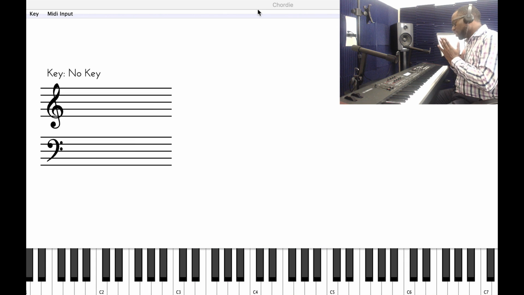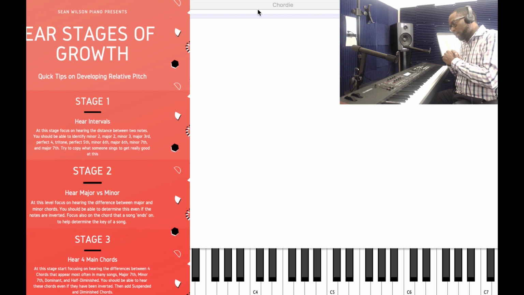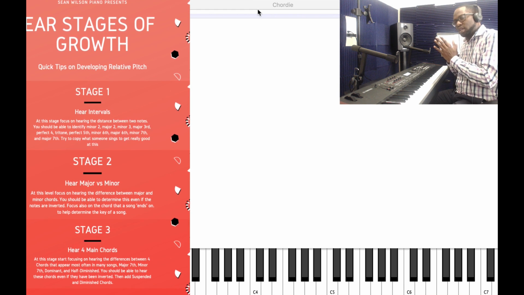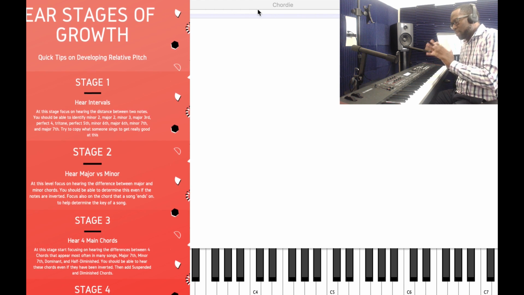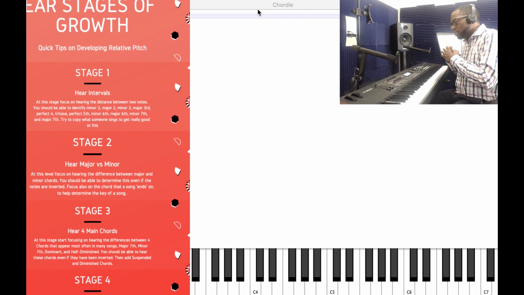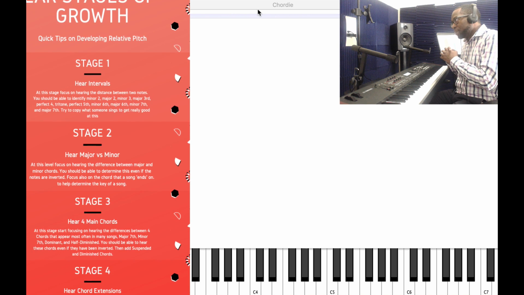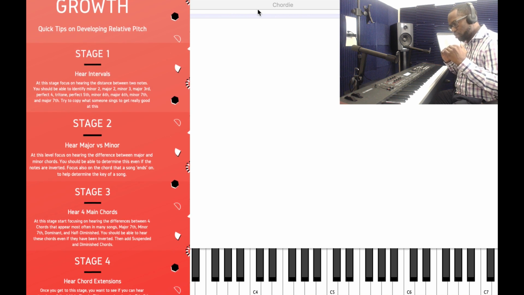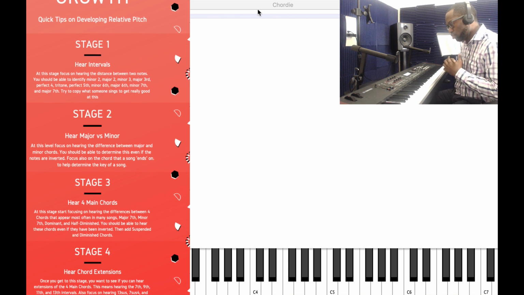And again, it's not that you just say, oh, I'm at stage 3, well, I'm at stage 2. It's that what stage do you want to make a decision at? A lot of people are saying, well, I'm in this stage, and I don't think it's a thing that you say, I'm in a certain stage. You say to yourself, at what level do I want to solve this problem of hearing this chord?